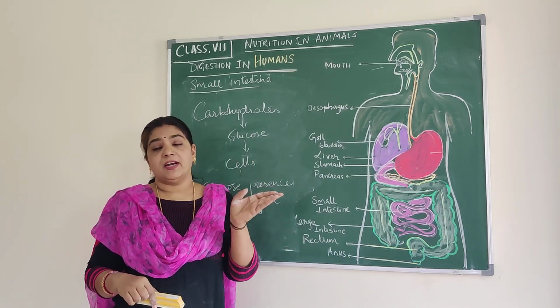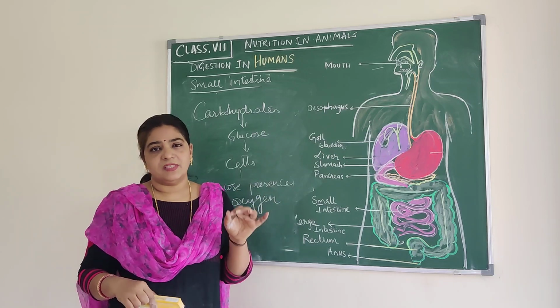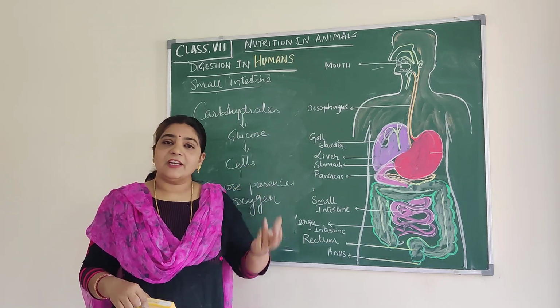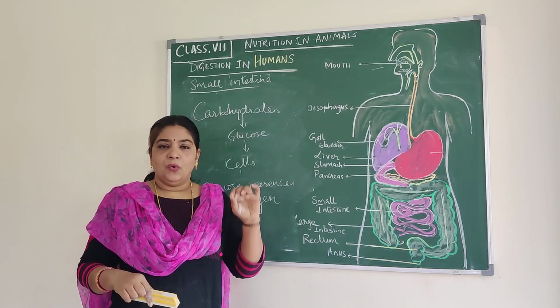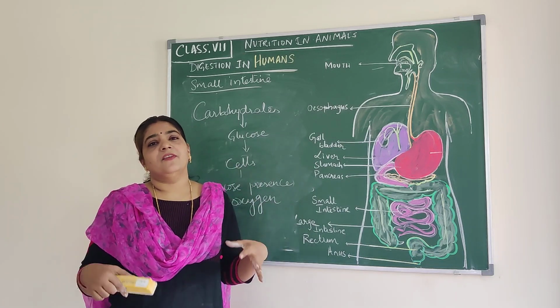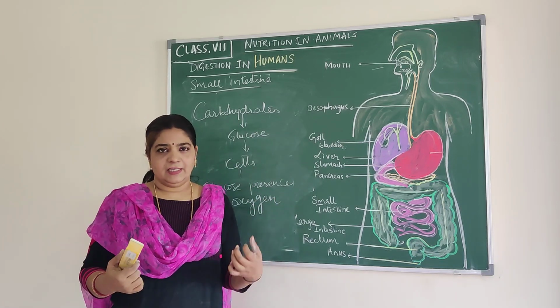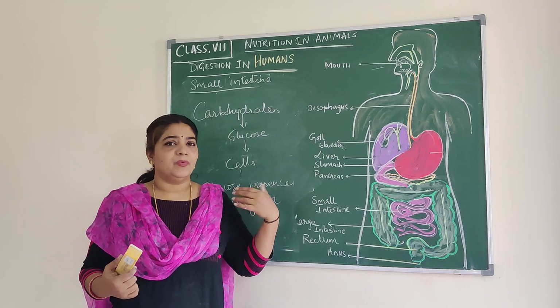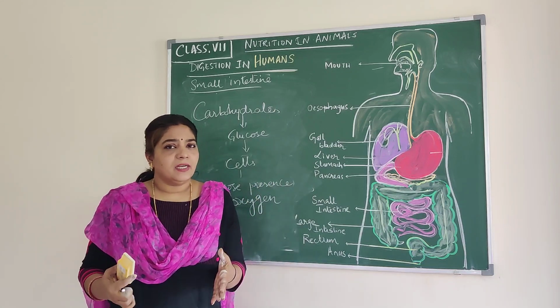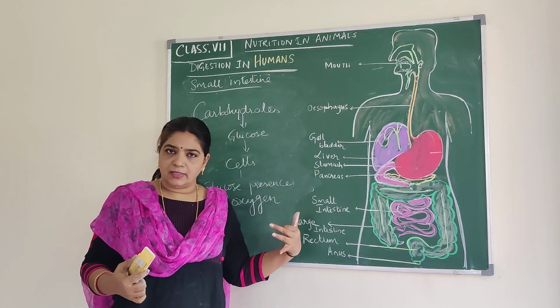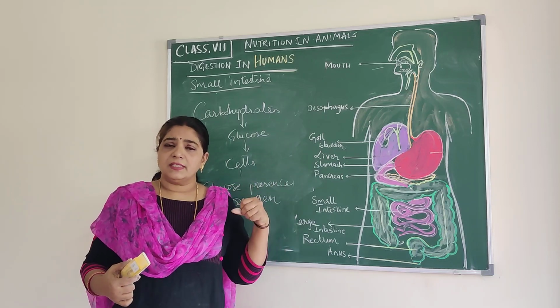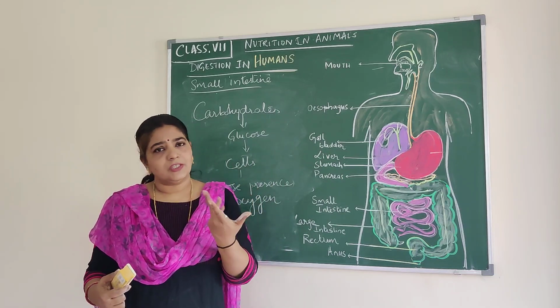So that's why we convert this complex food into a simple soluble form, so that it will enter inside the cell. Only when it enters inside the cell will we get energy. In the case of carbohydrate, it will be converted into glucose. Where does it get converted into glucose? In the small intestine. From the small intestine, the intestine has small structures called villi.